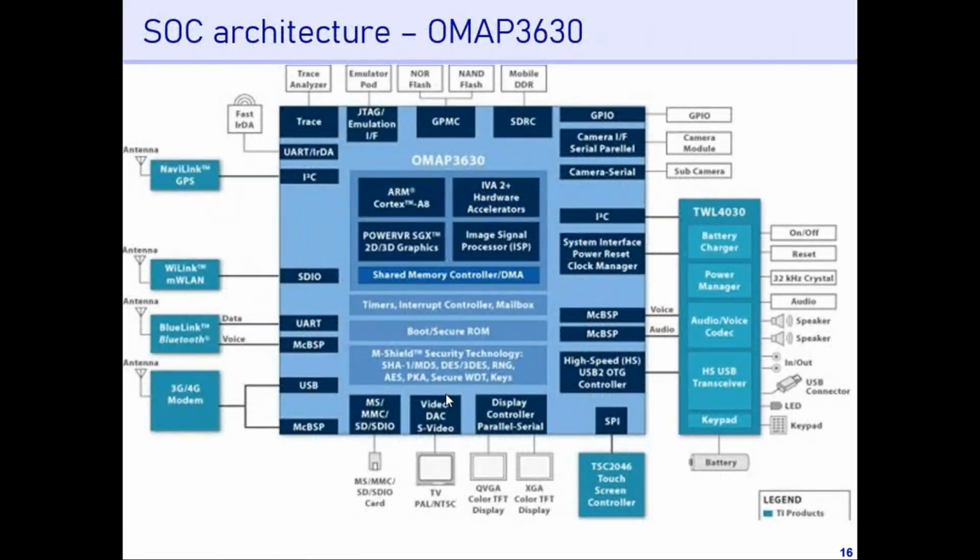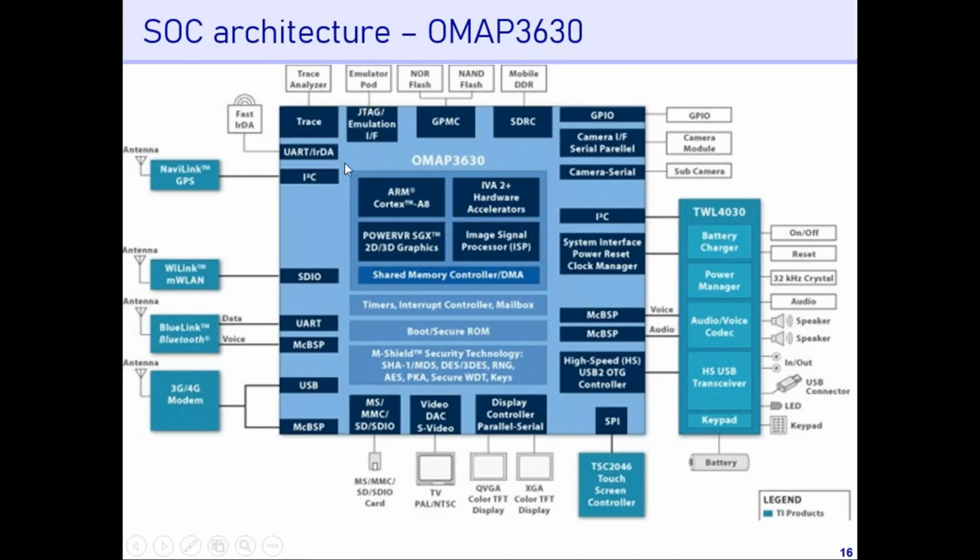Talking further about SOC architecture, this is one more architecture. The point is I'm just trying to show you how a typical architecture looks. This is another architecture, of the OMAP 3630, a TI mobile platform they had long back. I just took it as a reference diagram.